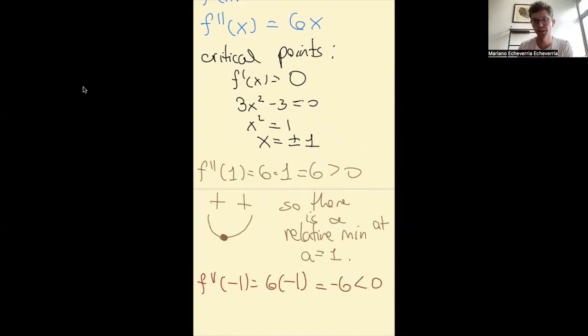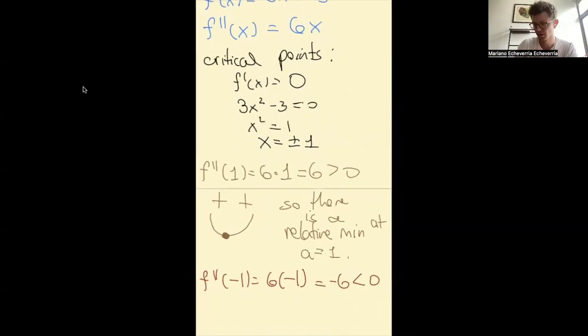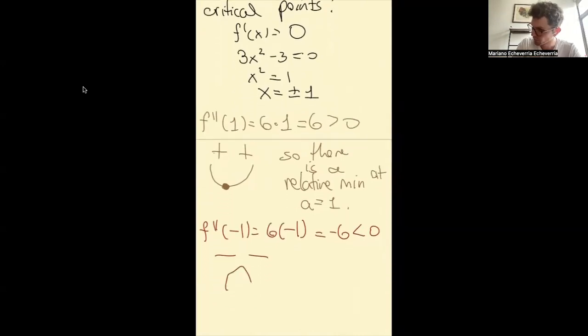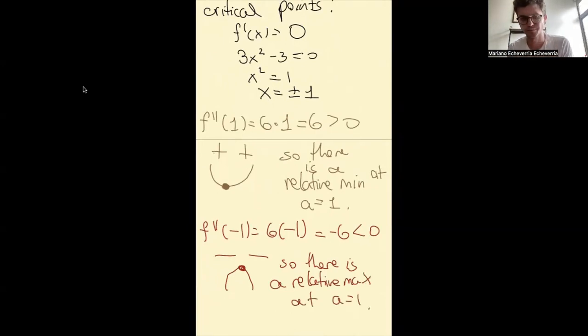So now the second derivative is negative at -1. So you make a face where the eyes are negative. That means that you're sad. And so that's a max, right? At -1, sorry.